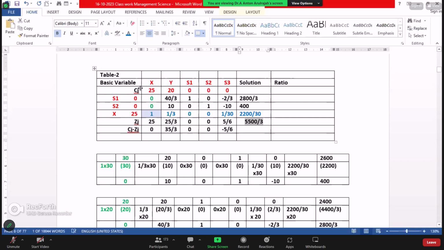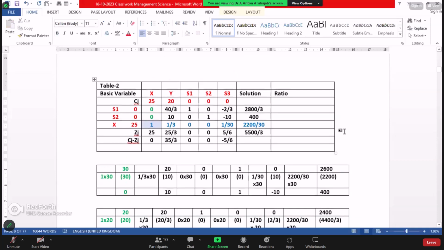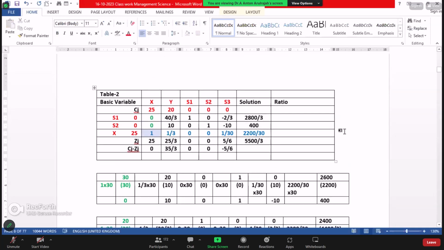And you see that, some new learning from this table: whether we have reached the maximum profit or not.